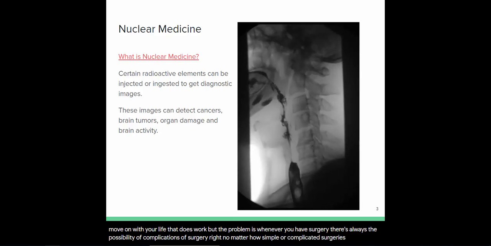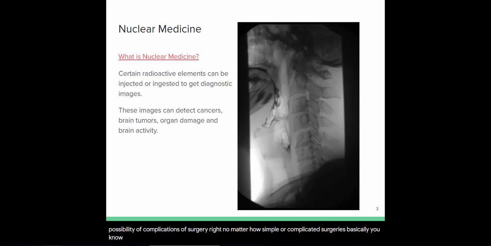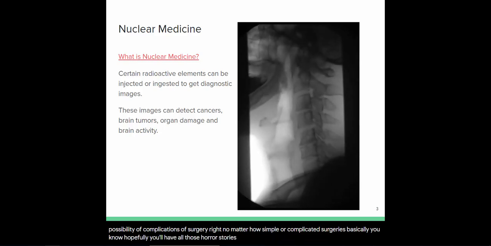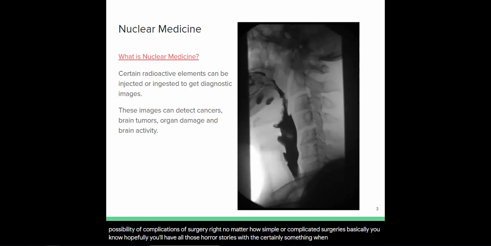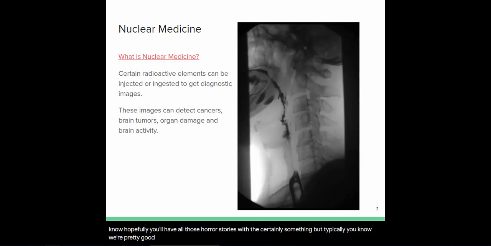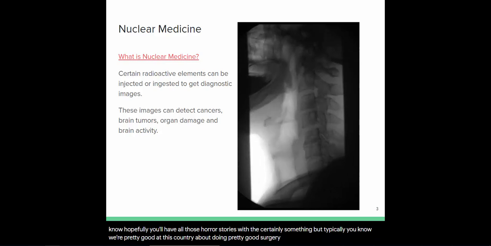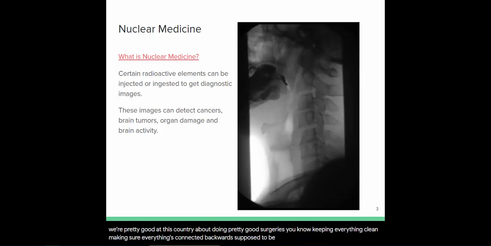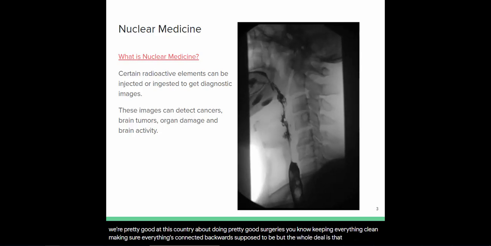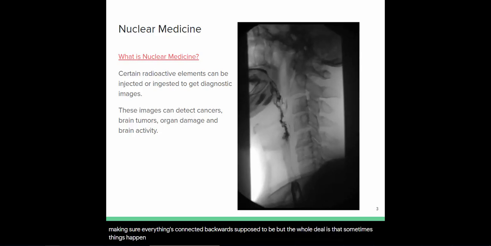And basically, hopefully you don't have one of those horror stories where the surgeon leaves something in you. But typically, we're pretty good in this country about doing good surgeries, keeping everything clean, making sure everything's connected back where it's supposed to be. But sometimes things happen.